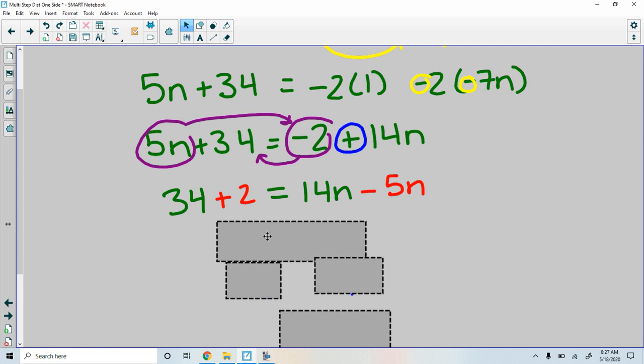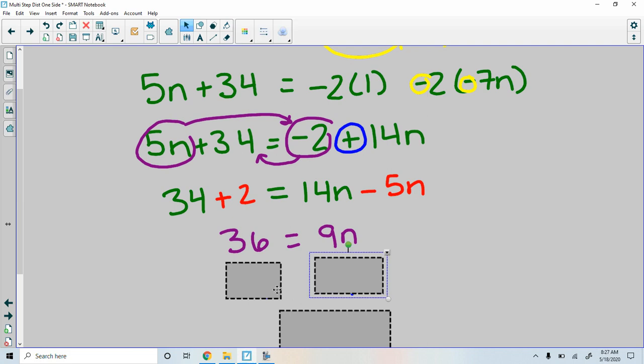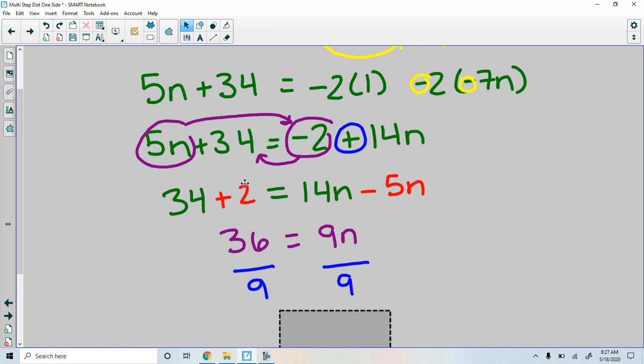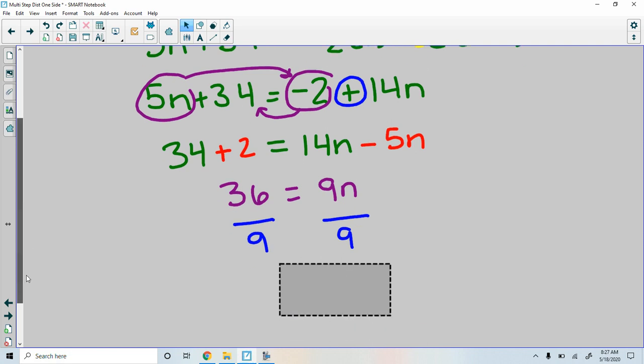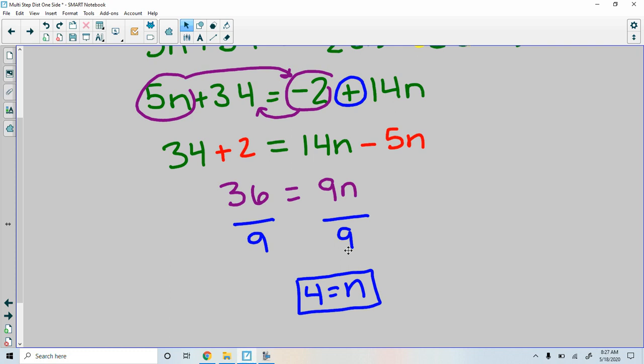Now I can just combine 34 and 2 makes 36. 14n minus 5n is 9n. I can just subtract the numbers, and then I'm going to divide both sides by 9. These 9s, remember, they make 1. We don't have to write the 1 in front of n. And 36 divided by 9 is 4.